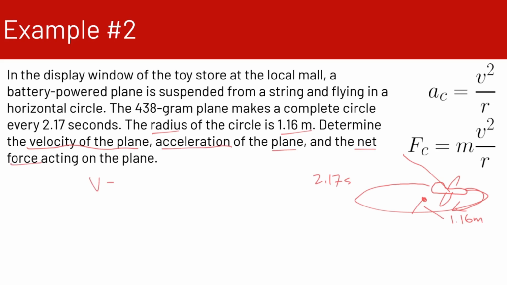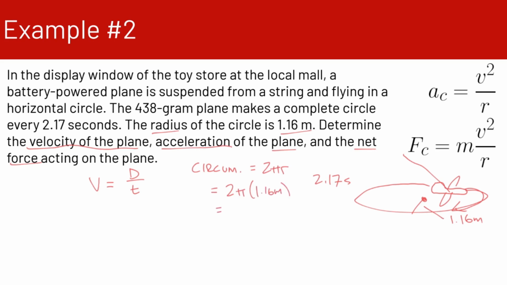Velocity, remember, is distance divided by time. So first we have to figure out the distance. The distance around a circle is the circumference, and the circumference of a circle is equal to 2 times pi times r. In this case, we have 2 times pi times our radius of 1.16 meters.